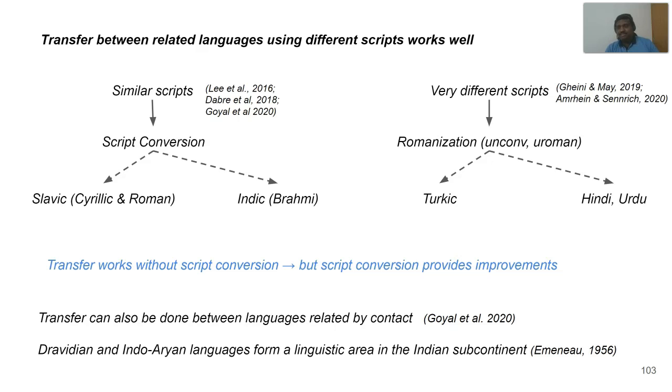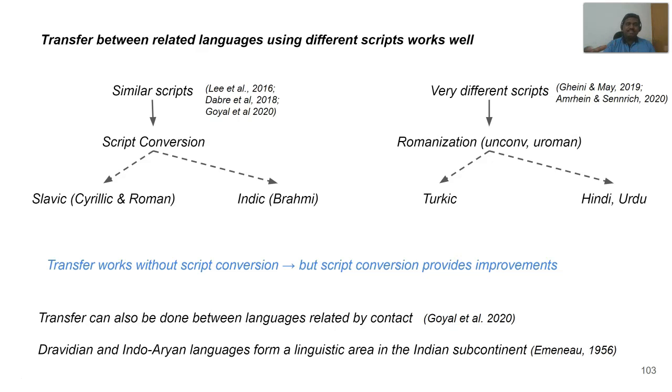Romanization schemes have been defined for pretty much all the major scripts, and you can train on the Romanized data, and hope that the resulting increased overlap in the subword vocabulary improves transfer learning. And it has been found that indeed, at least in the case of related languages, romanization does help. So even without script conversion, we do get benefits, but script conversion provides further benefits.